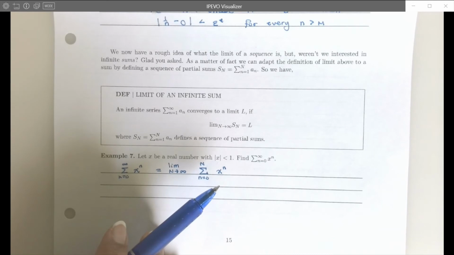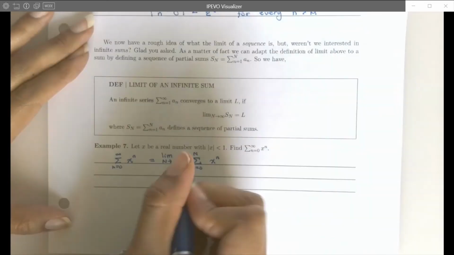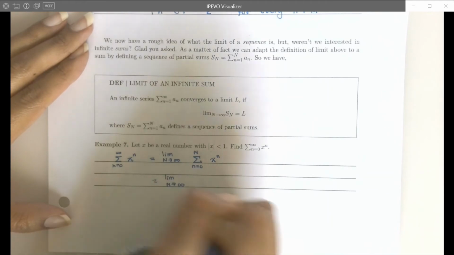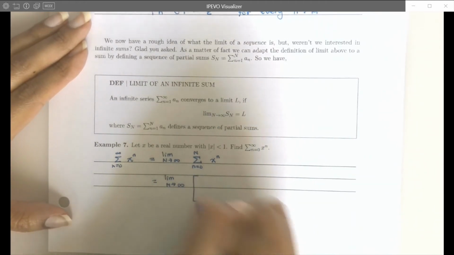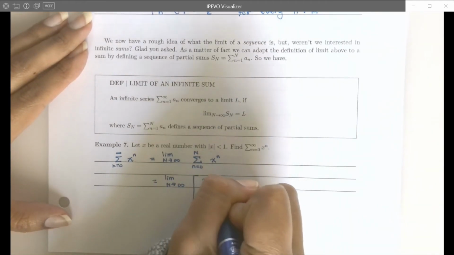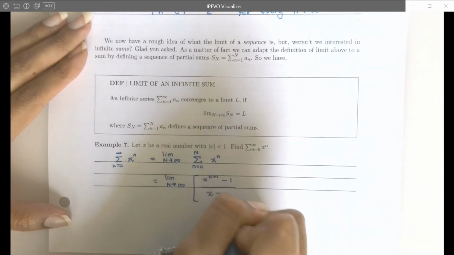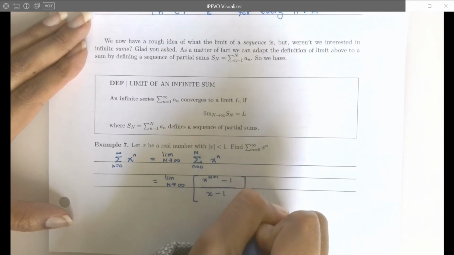And that is actually a geometric sum, which means that we're going to have the limit as n tends to infinity of (x to the n plus 1 minus 1) all over (x minus 1).